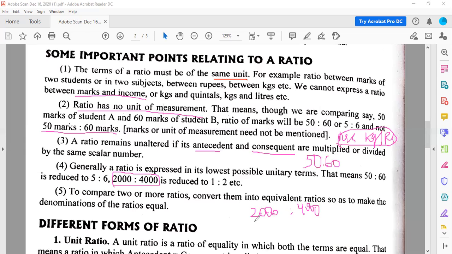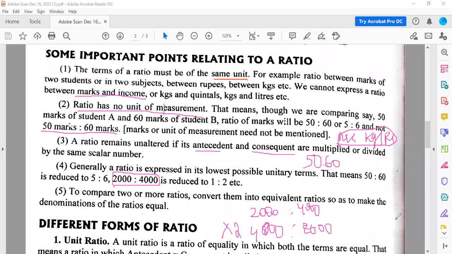Correct? Now, if we multiply both by 2, let's say we are multiplying both the numbers by 2, what do we get? We get 4000 and we get 8000.